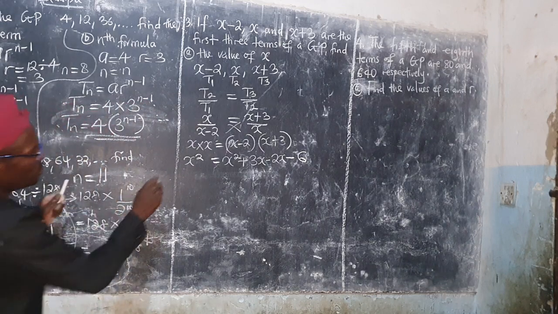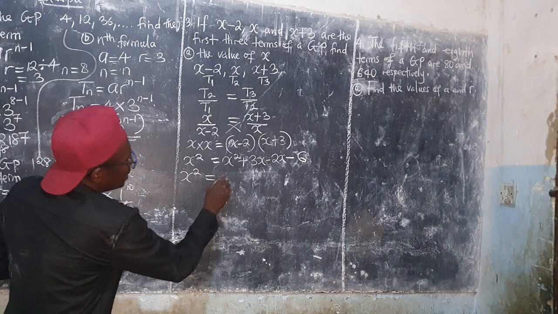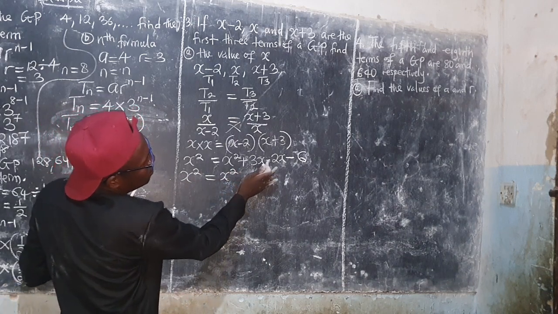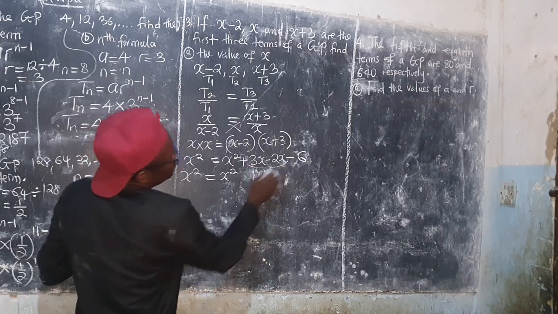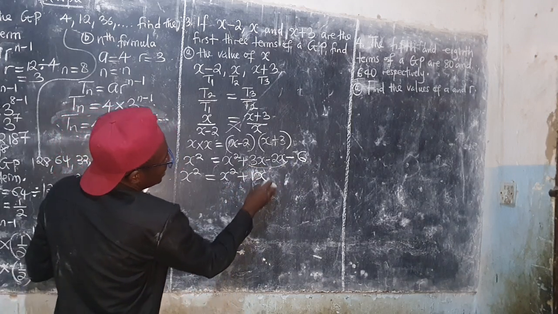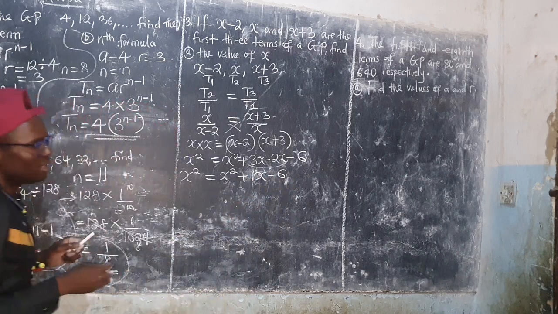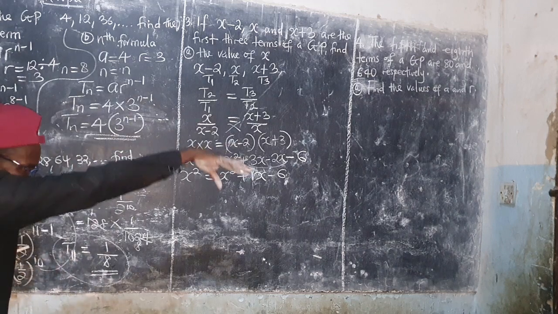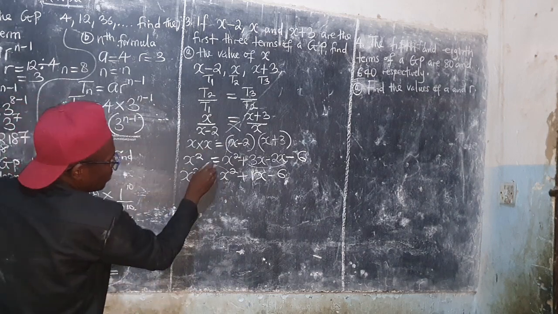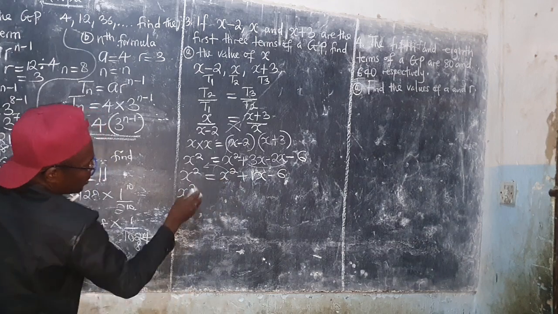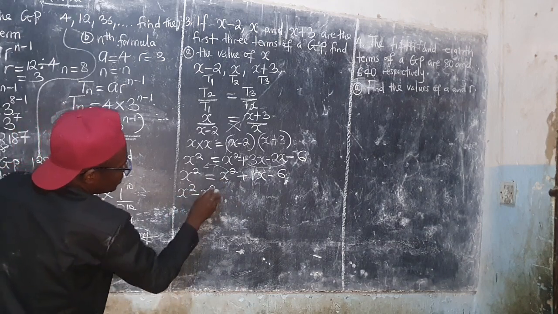Continue. X squared is equal to what? X squared. What is 3x minus 2x? Like terms. What is 3 minus 2? 1, which is 1x, minus 6. Then we collect the x terms to one side. So it's x squared, and what crosses over is minus x squared.